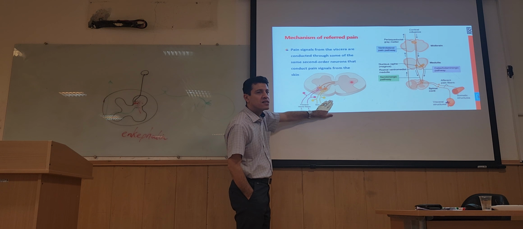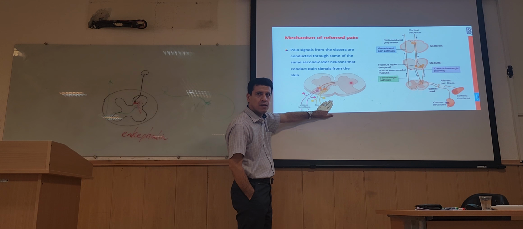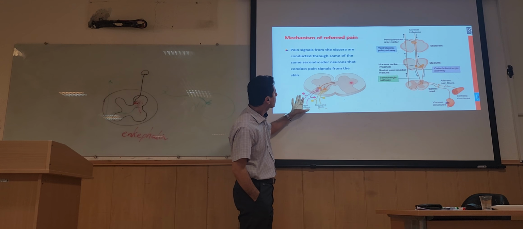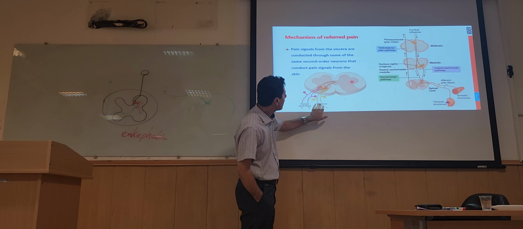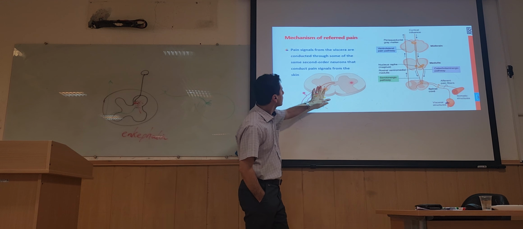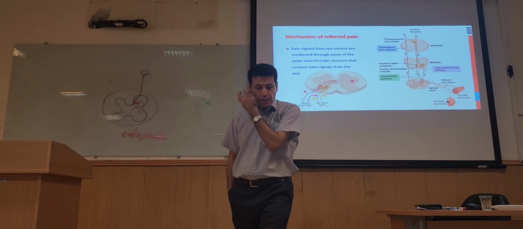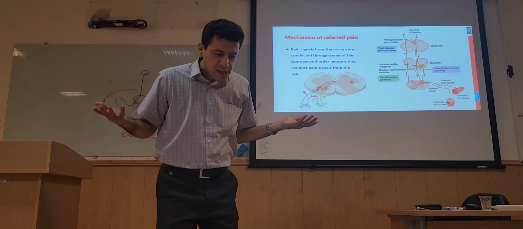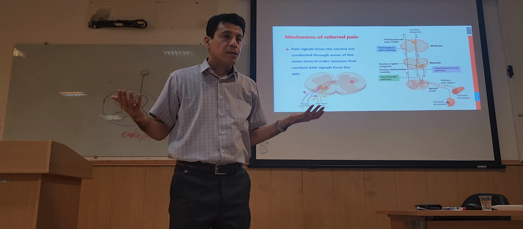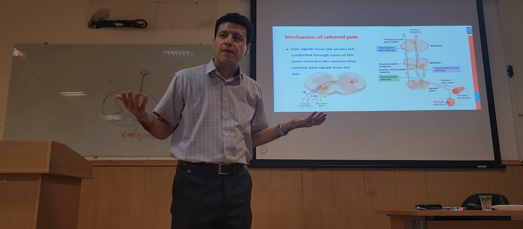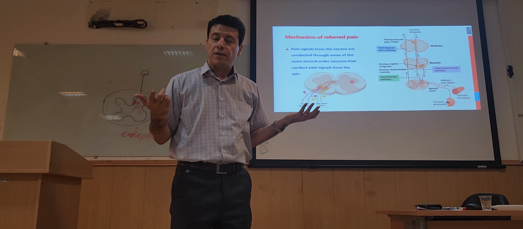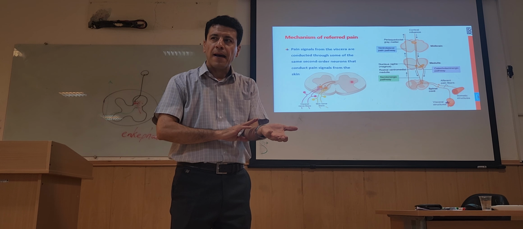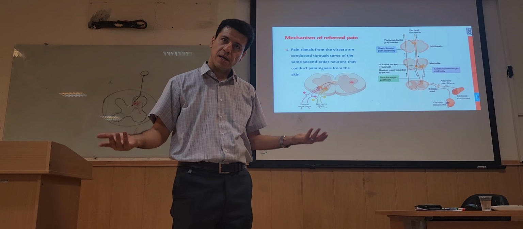So the skin doesn't have any injury, right? The injury is in the visceral organ. So pain signals come here. They go through the same population of neurons that also carry pain signals from the skin. So the signals reach the brain. So the brain feels the pain, right? But the brain doesn't have any awareness of the internal organ. The brain is only aware of the skin and the surface.